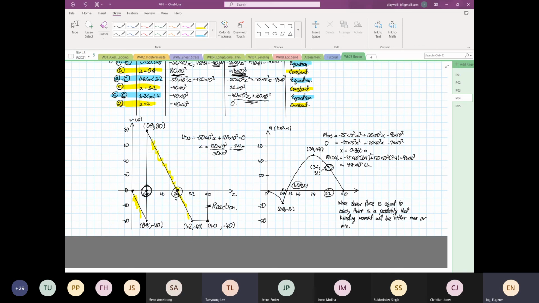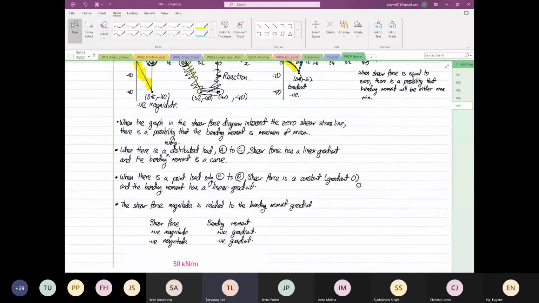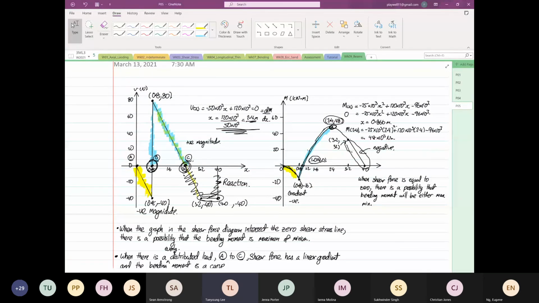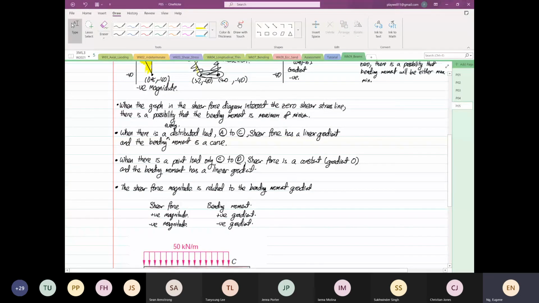Your pointing is C at 2.4, but it's supposed to be 3.2. Ah, yeah, you're right. So this is at point C. Okay, thank you for telling me. You get 2 bottles of soju when I see you.